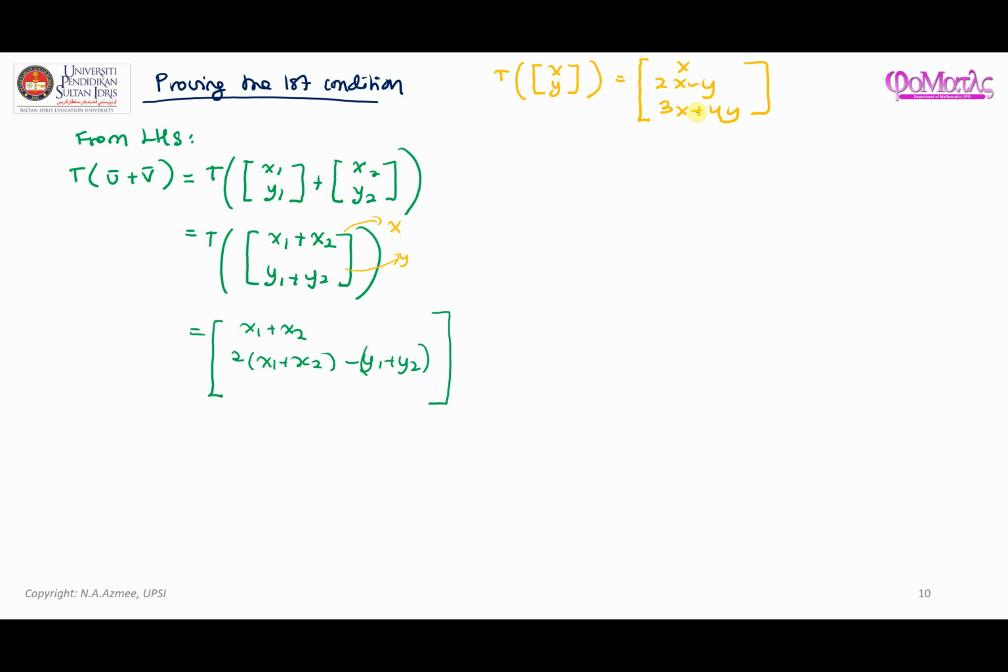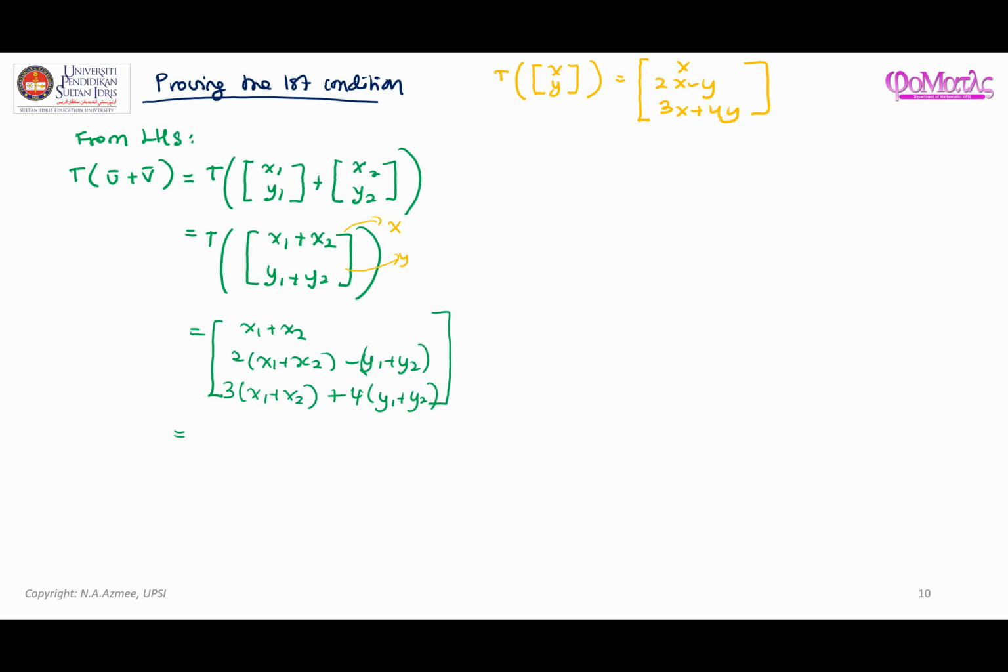And here we have 3x plus 4y, so 3 times x1 plus x2, plus 4 times y1 plus y2.